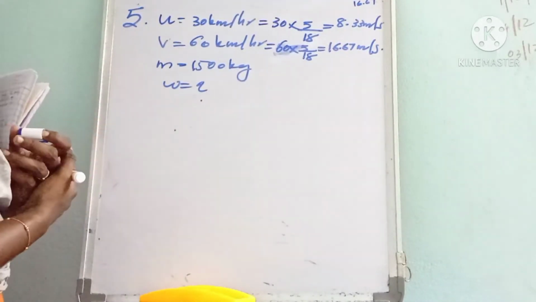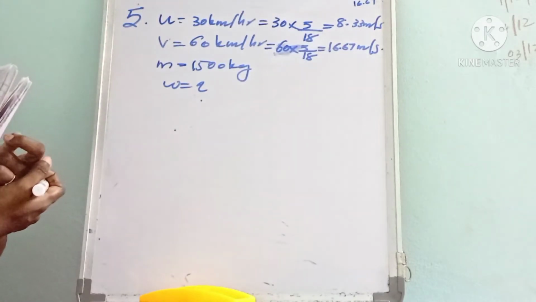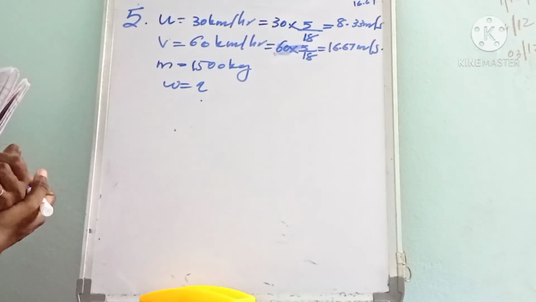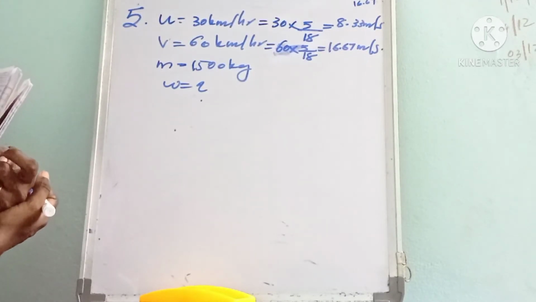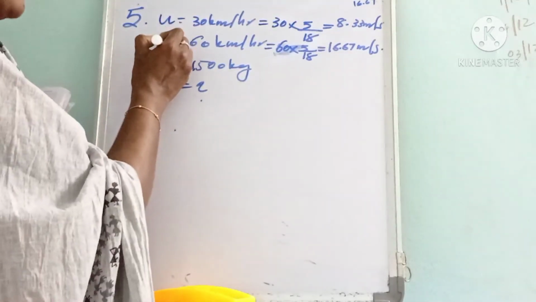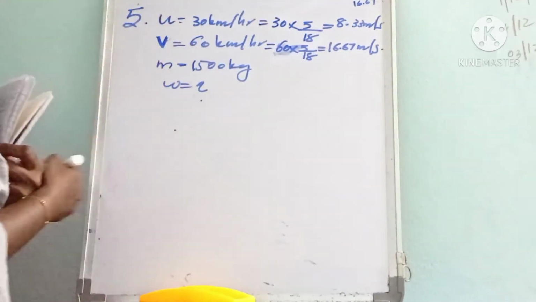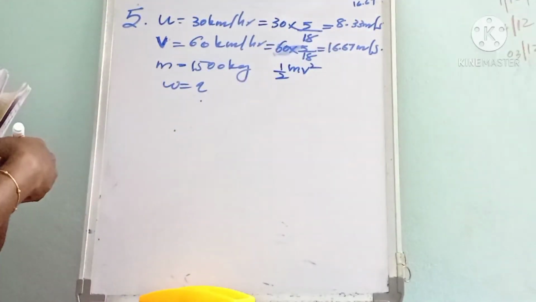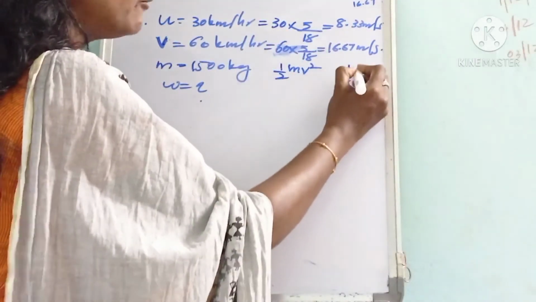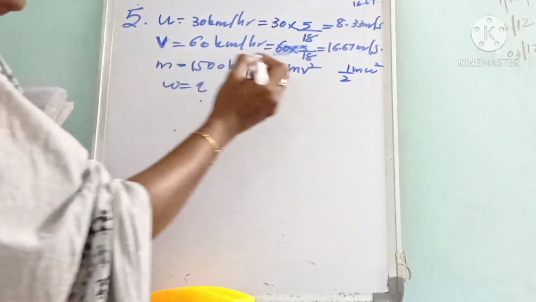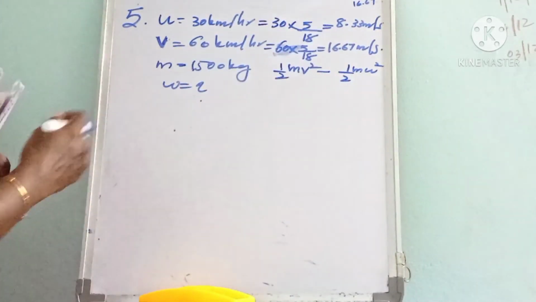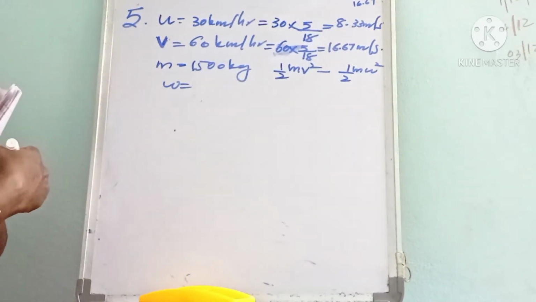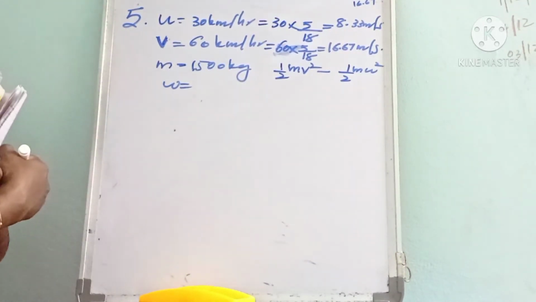The work done can be expressed as change in kinetic energy. That equation we have to use here. The work done is equal to what? Change in kinetic energy. If the final velocity is v, then its kinetic energy is half mv square. Initial velocity u, so its initial kinetic energy is half mu square. Final kinetic energy minus initial kinetic energy is the change in kinetic energy, half mv square minus half mu square.